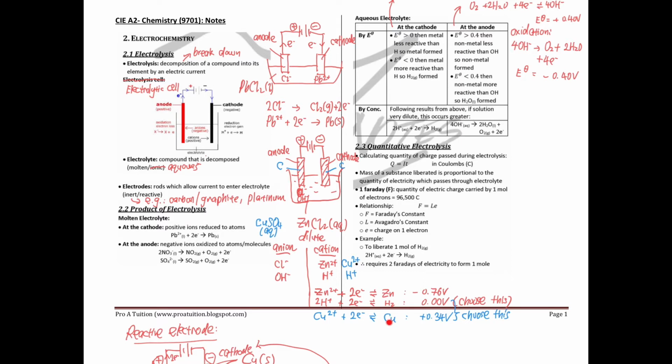That means this metal tends to remain as metal instead of becoming ions. So copper metal is less reactive. If it is less reactive than hydrogen, then metal forms.